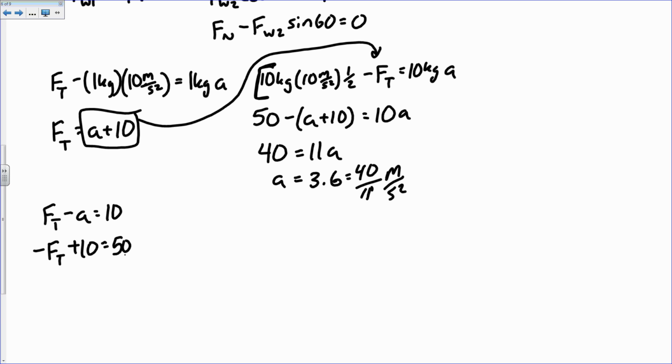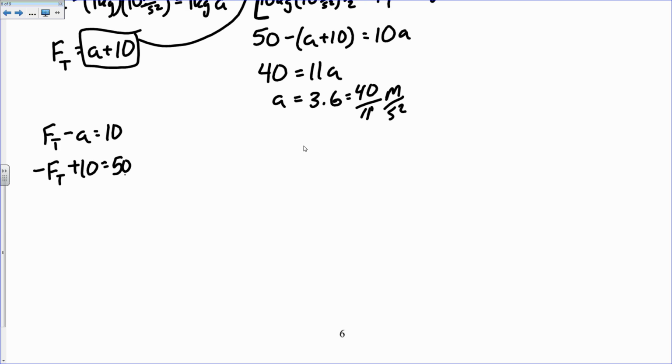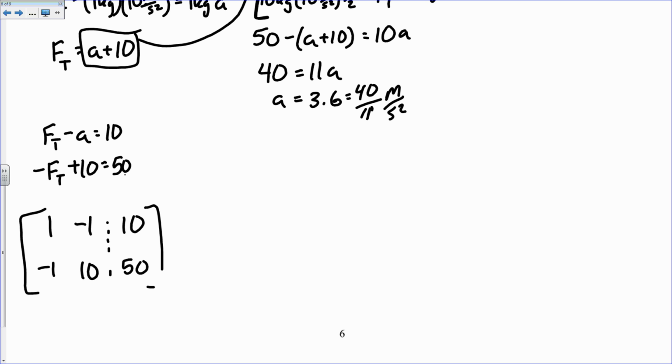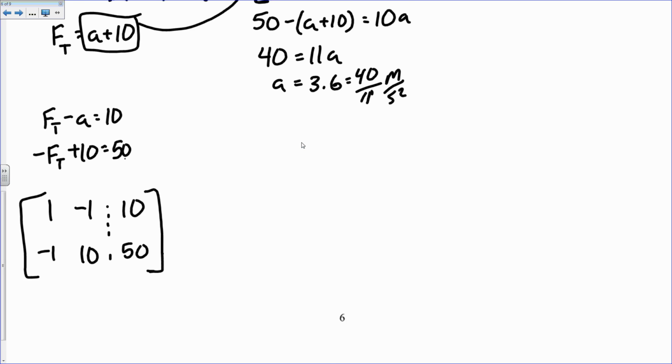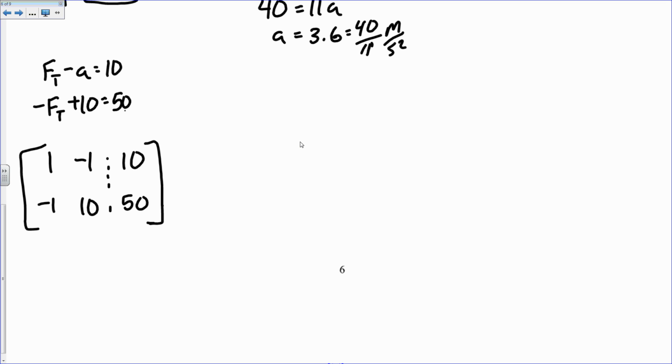Now if I write this in matrix form, I have 1, negative 1, 10, negative 1, 10, 50. This is called an augmented matrix. I want to get it into its identity form. I'm going to get rid of this -1 first just by replacing row 2 with row 2 plus row 1. That's going to be -1, -1 plus 1.